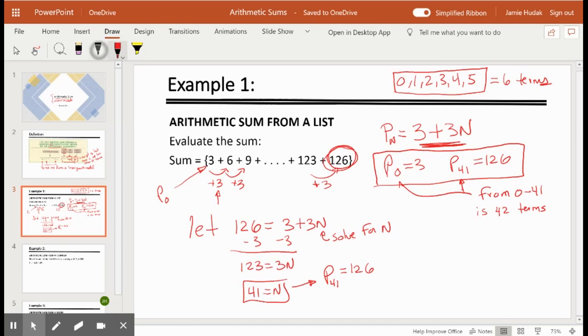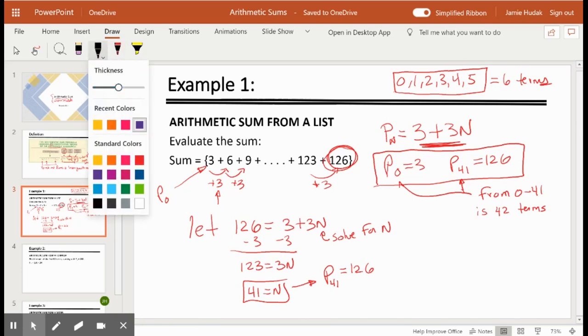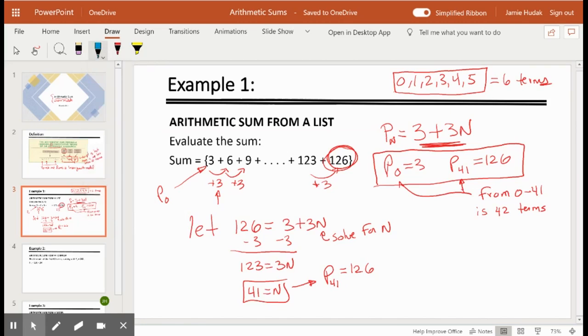So now our formula says that the sum is equal to the first term added to the last term. 3 plus 126 is 129. Multiply that by the number of terms, 42, and divide everything by 2.